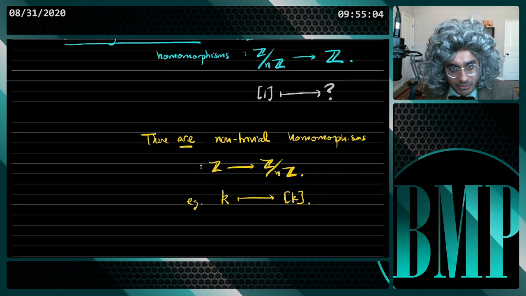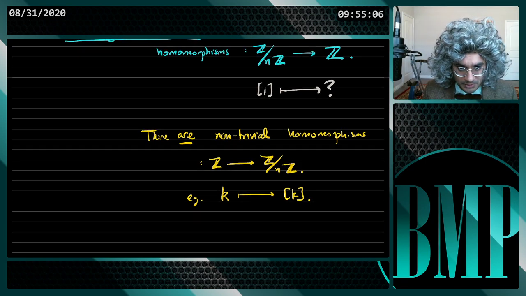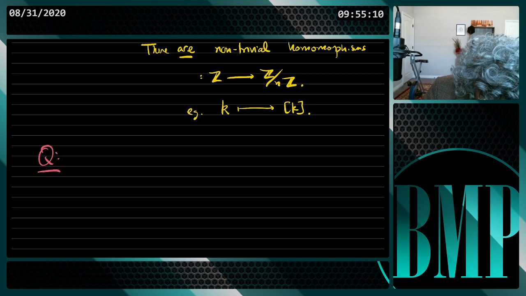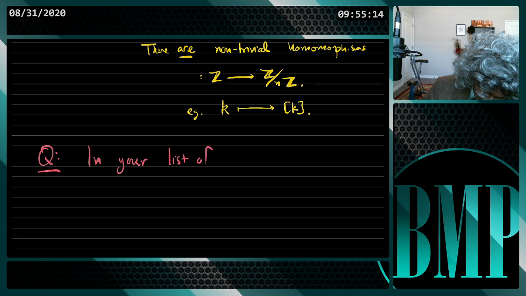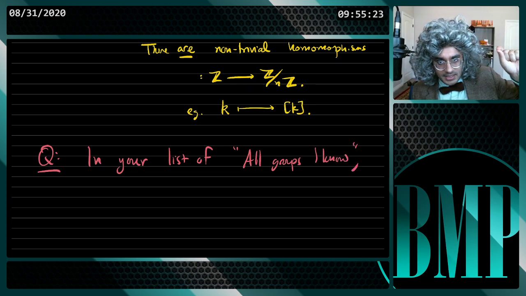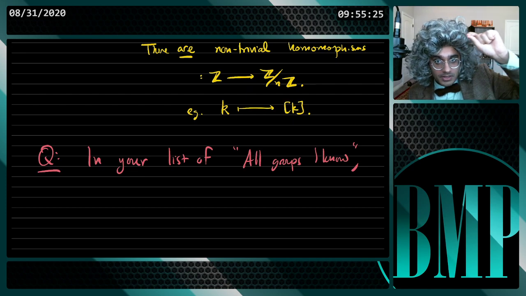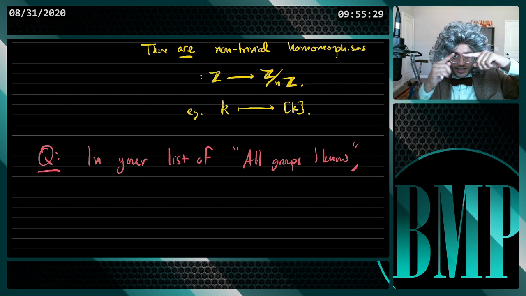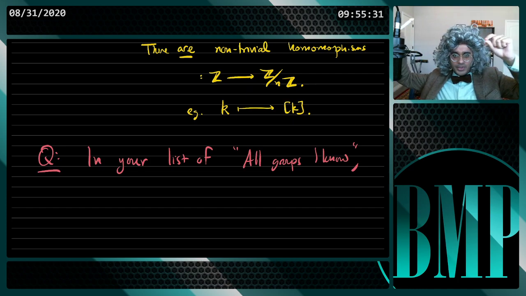Great. So enough about homomorphisms and isomorphisms right now. I'll leave you with this question. In your huge list of all the groups you know, start drawing a little chart, like a detective does with those strings.